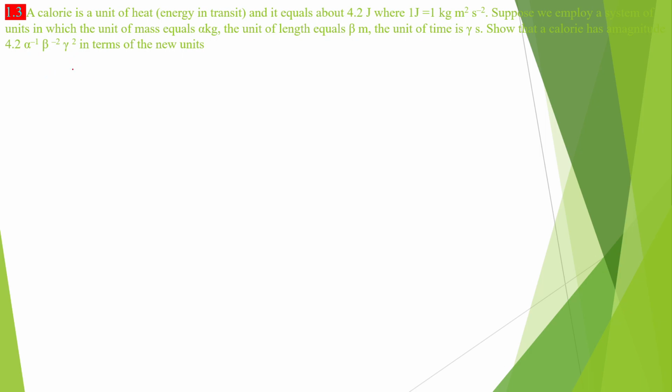Alright, so here we have a new system of units. The unit of mass equals alpha kg. So 1 kg you can write as 1 by alpha of the new unit of mass.